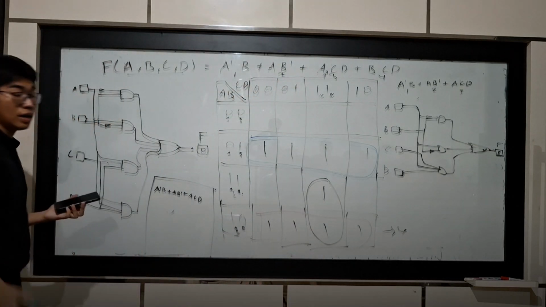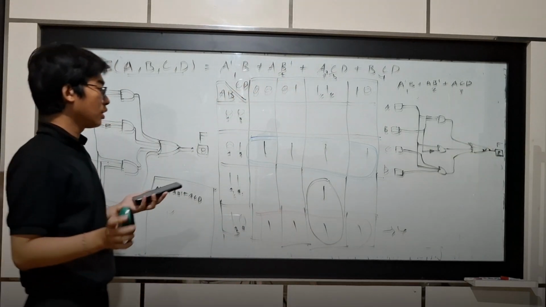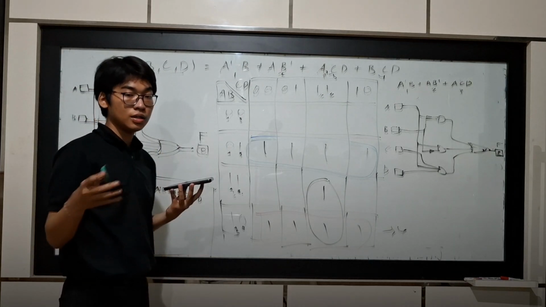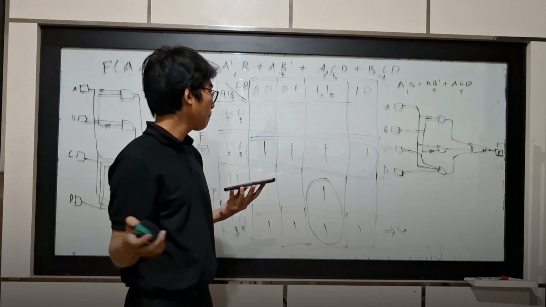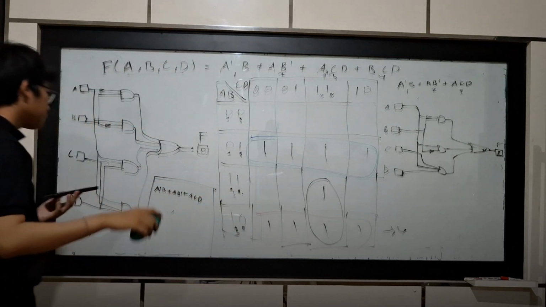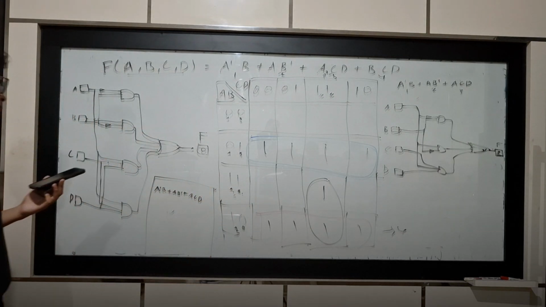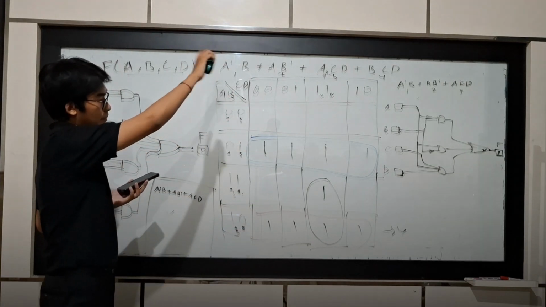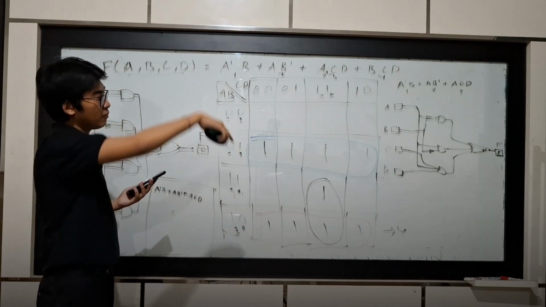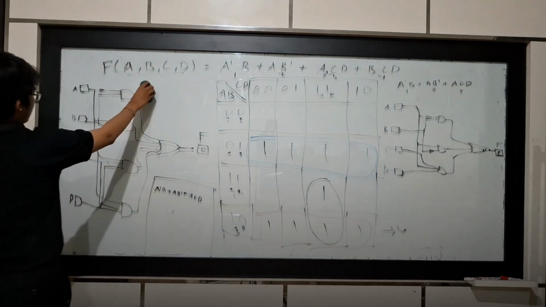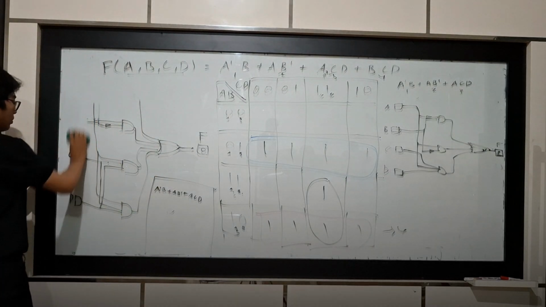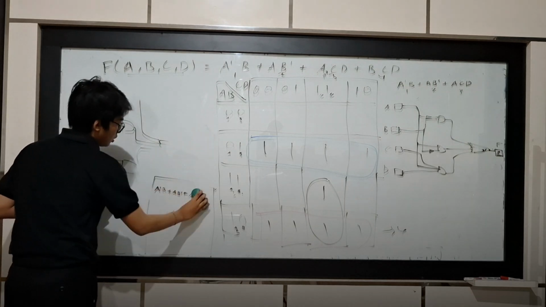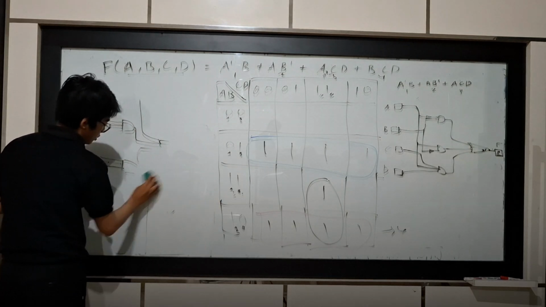But the last objective that I have to tell you is that I'm gonna make the truth table of this problem and this simplification. I'm gonna erase this because this circuit is not important anymore.